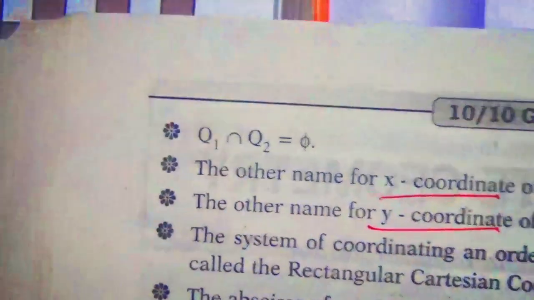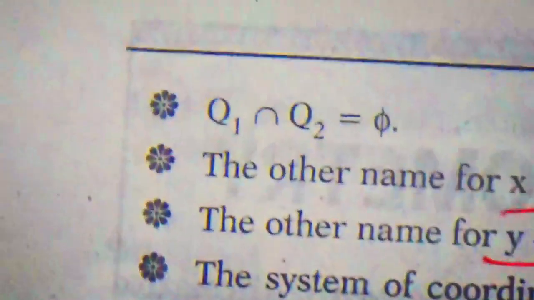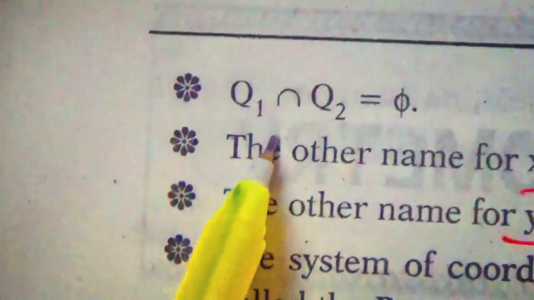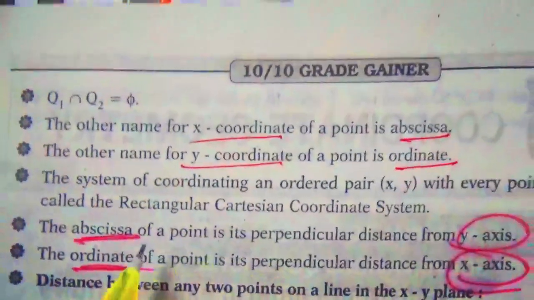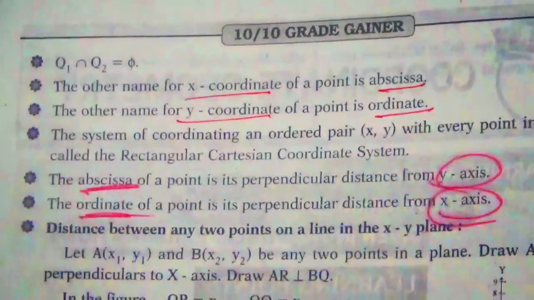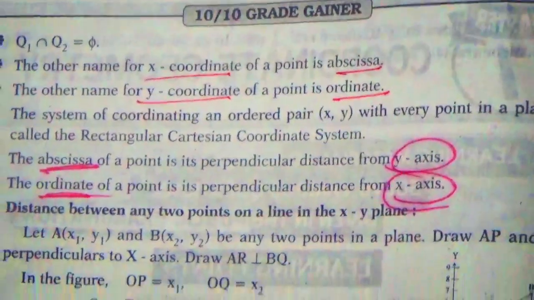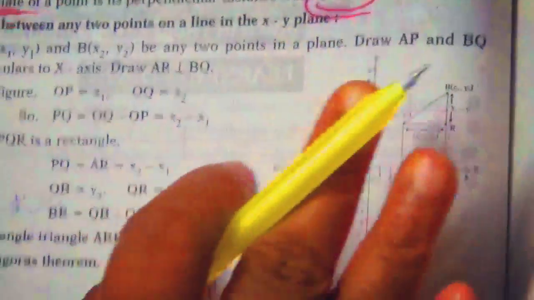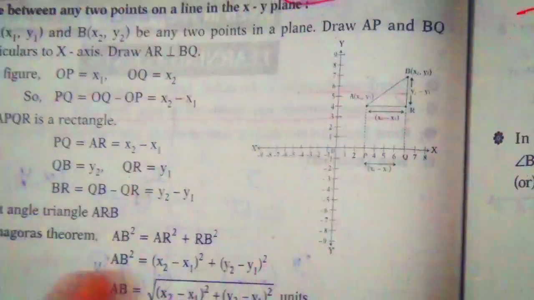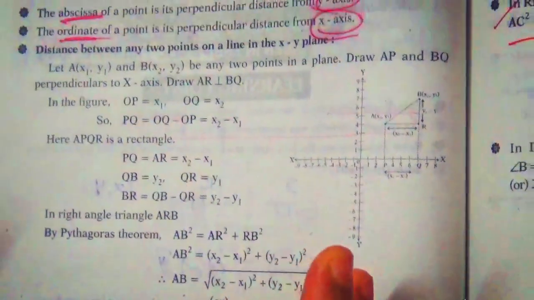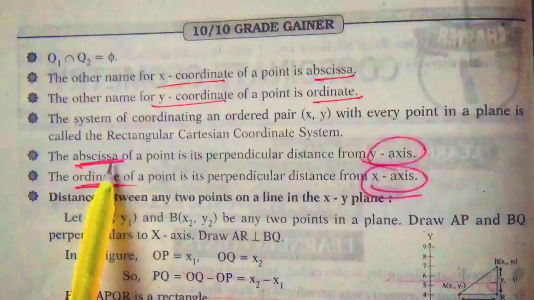Intersection means no element is common in the two, so there are no common points, and it gives the null set. So here it gives one Cartesian plane. This we call a Cartesian plane. It is a two-dimensional picture.